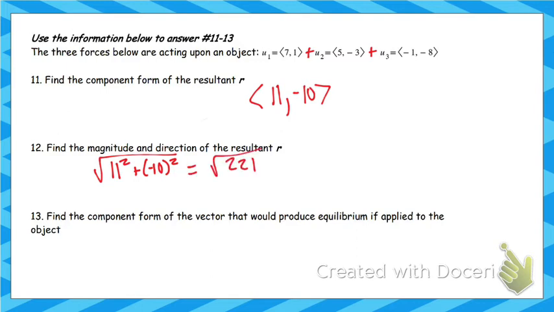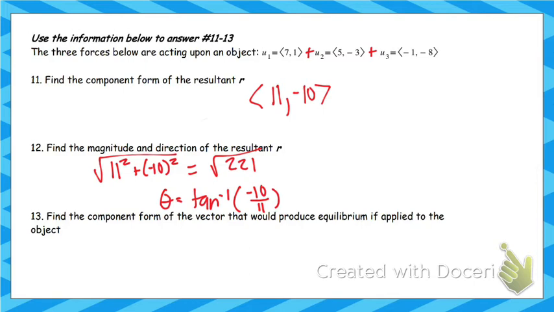If you want to leave these as square roots or if you want to write the decimal, either one is okay. The square root's going to be a little bit more exact. Direction, we use tan inverse, and it's y divided by x. So tan inverse of -10 over 11.